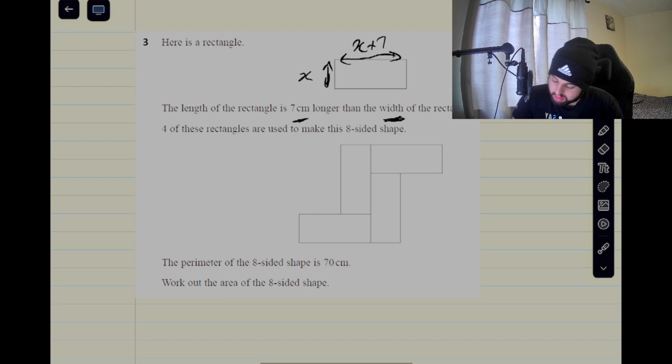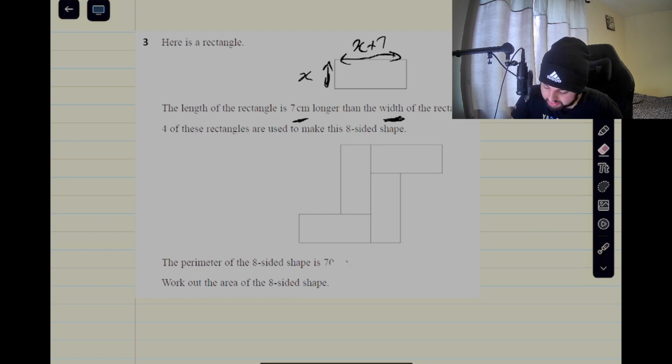Now it says 4 of these rectangles are used to make this 8-sided shape right here, and the perimeter of the 8-sided shape is 70 centimeters. And now it's asking us to work out the area of this 8-sided shape. So what do we do first?